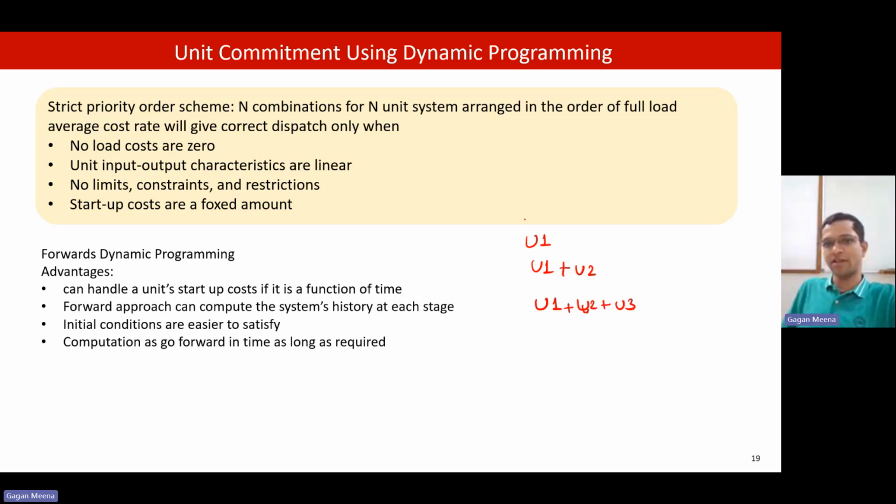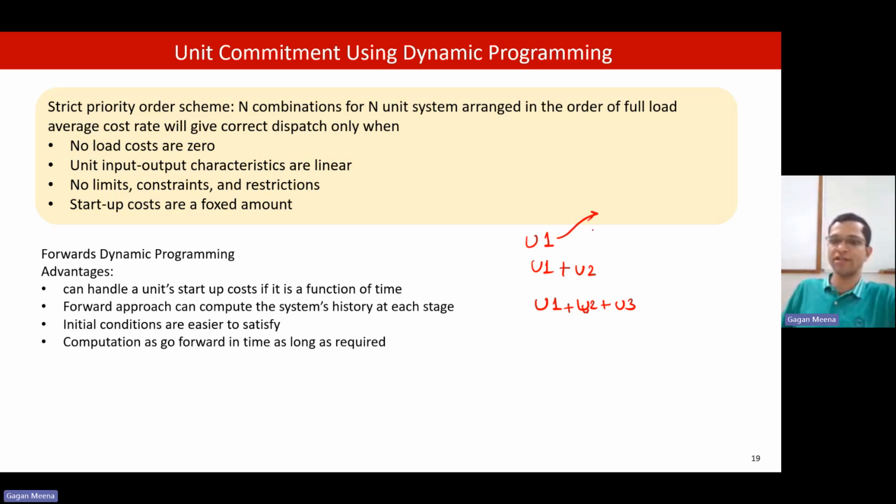These are the only 3 feasible combinations possible. So only 3 combinations for a 3 unit system, arranged in order of full load average cost rate.